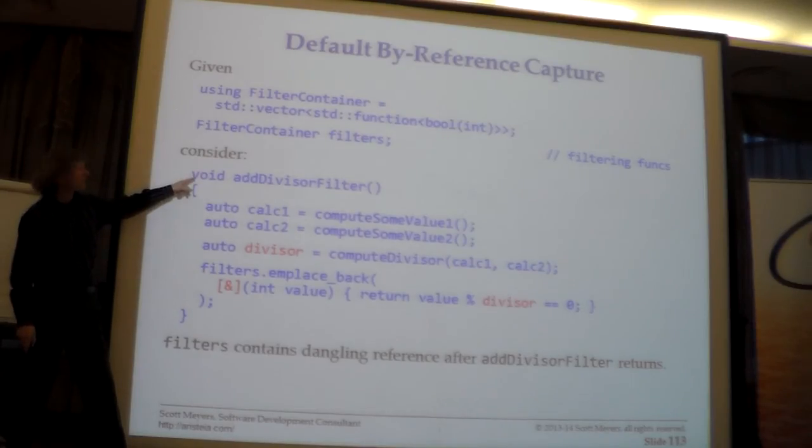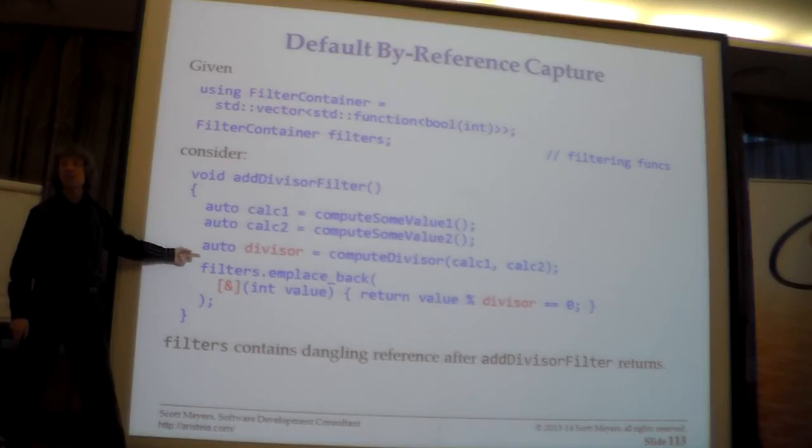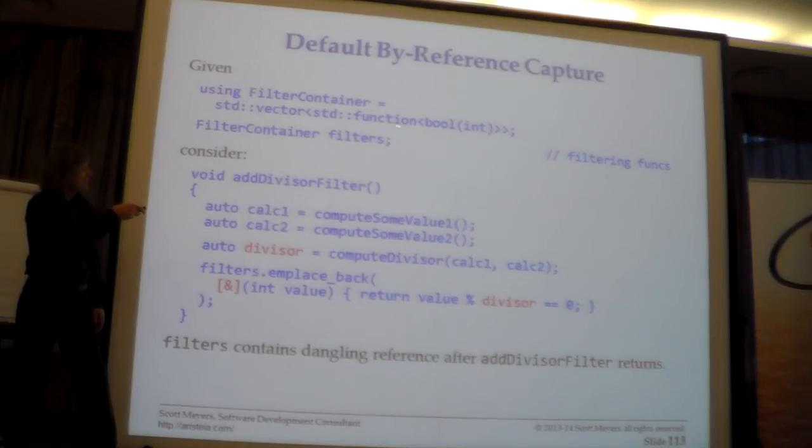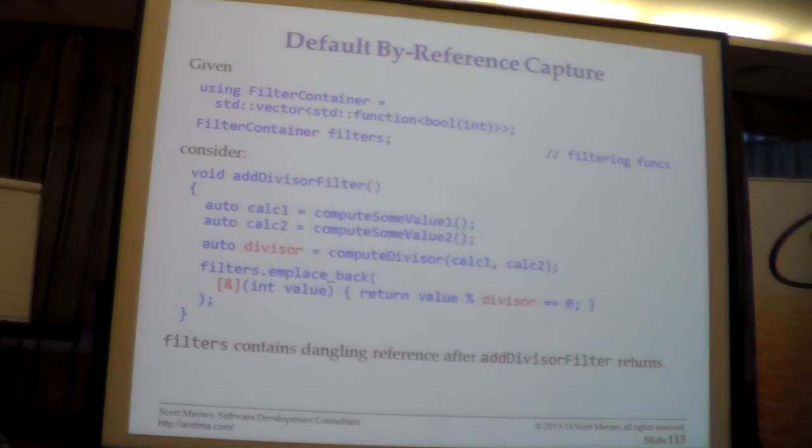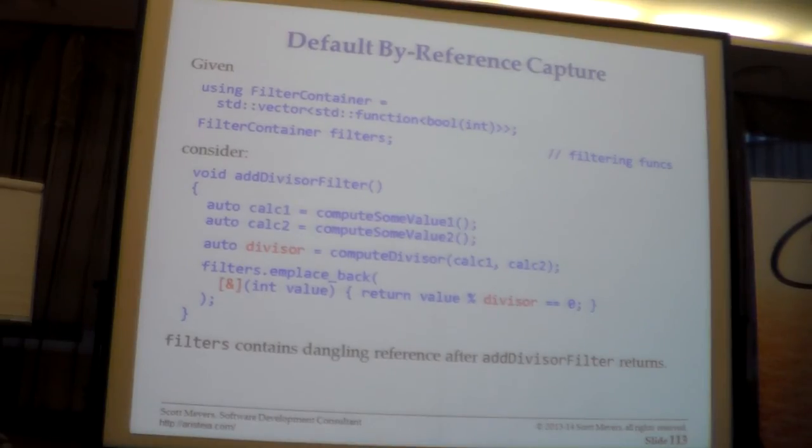When we exit addDivisorFilter, divisor will be removed from the stack frame, and we will have a dangling reference inside one of the filters here, which means it's going to blow up on us at some point later, probably, possibly much later in the program. Any questions about how this is a dangling reference, essentially at the point where it's created?